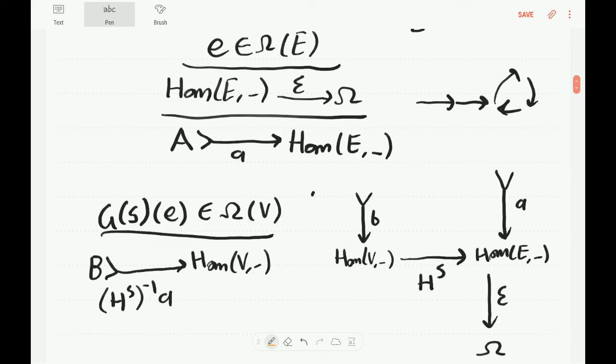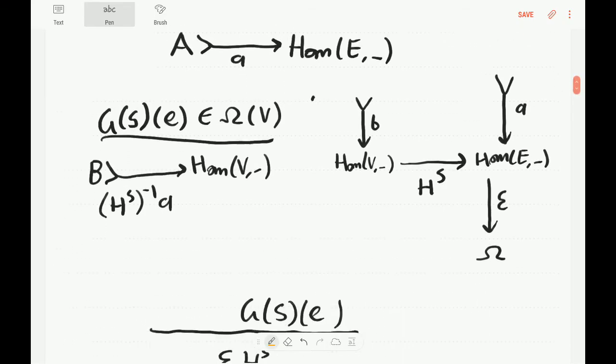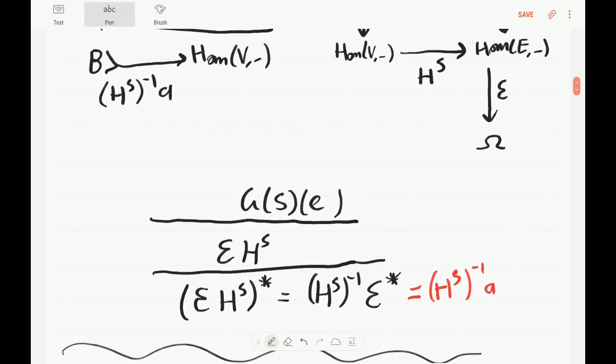And then the other thing is how we do this sort of S action upon those things. What do we get? So, take this element e, do G of S on it, so we're doing kind of S action on it.